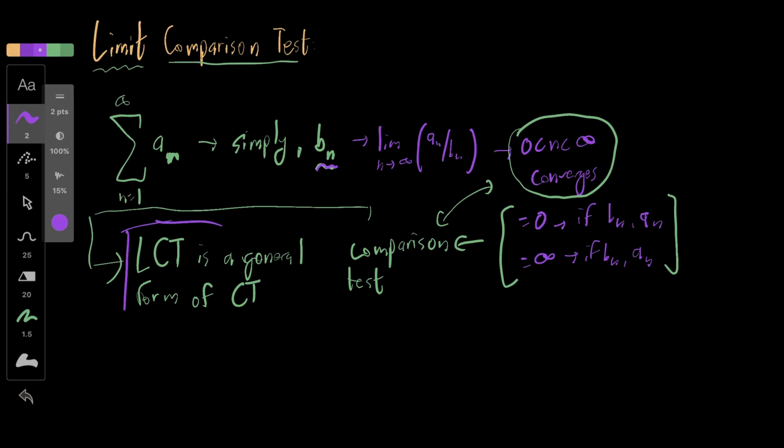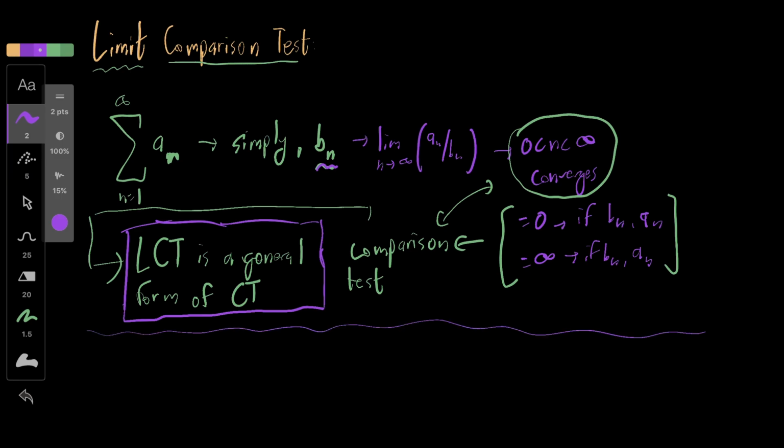Now, since this one is a little more difficult to visualize and understand, I am going to walk you through a very quick example explaining how it works. So, let's have this series over here: n is equal to 1 to infinity of 3n squared minus 5 over n to the 4th plus 2.